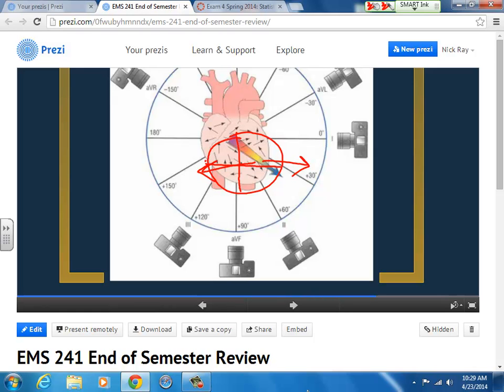Left ventricular hypertrophy, when the muscle gets real thick and requires more electricity to conduct, it's going to draw that axis towards it because it's going to need more electricity. Alright? When you've got infarct or injury, you've got a whole bunch of myocardial cells that can't use that electrical activity, right? So it's going to go away from it. Alright? Does that make sense?